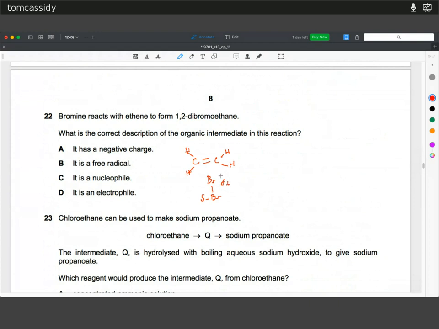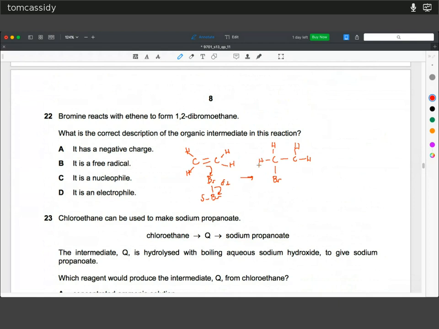And that means that you can then get this kind of reaction happening, where a pair of electrons is going to move from that double bond there, and then you're going to get a lone pair of electrons moving that way as well. So the intermediate, you see, is going to be this, where this was the ethene. Now you've got a new bond that's formed to bromine, and you've got the hydrogen atoms, nothing's happened to those.